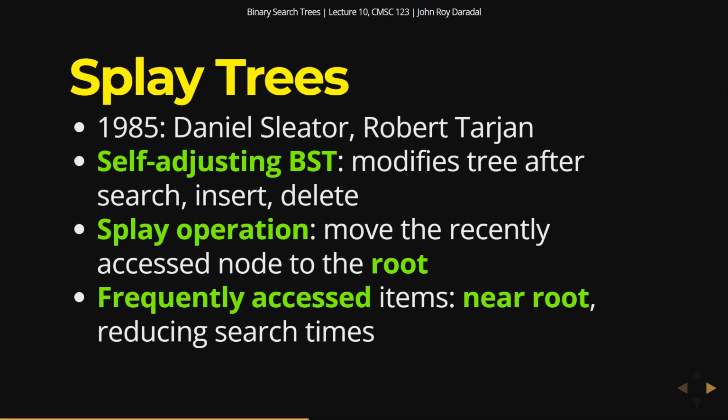So if the frequently accessed items are near the root, then we can reduce the search times when we access them again. Okay, so for example, if you insert 32, when you insert it, you splay it to the root, and then when you search for 32, it's faster because it's already at the root. Or if it was brought down by another splay operation, at least it's near the root. Okay, so you can reduce the search time for that.